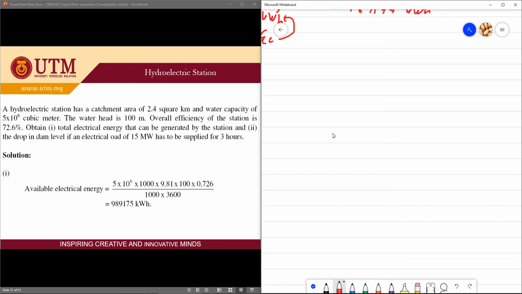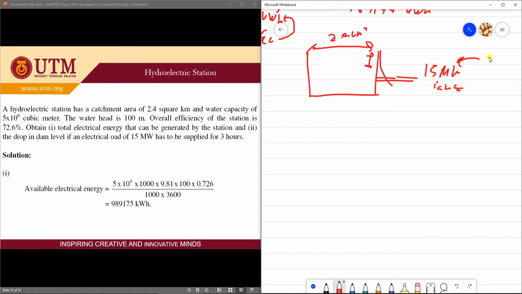So basically, you have a dam here, and this is the pressure pipeline. The area is around 2.4 km squared, and this is the height. How much does this drop after 15 megawatt energy is used?